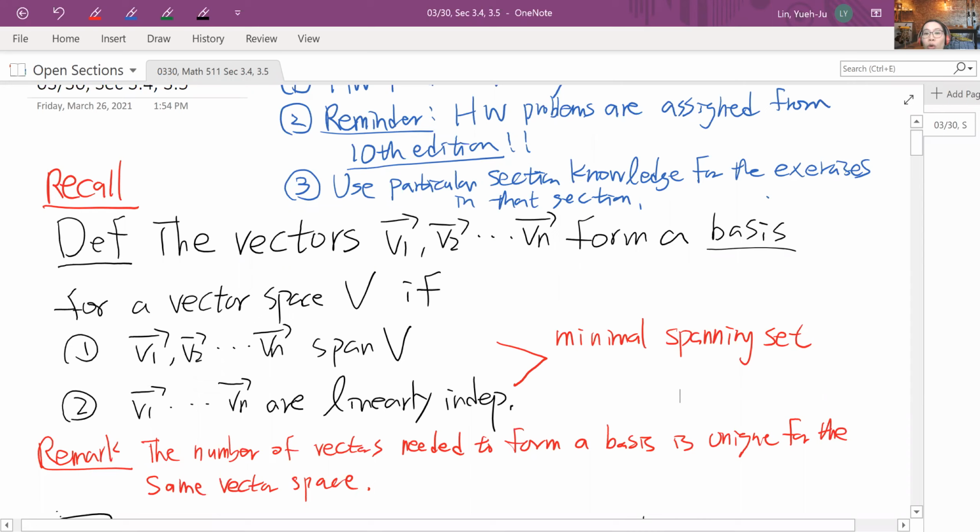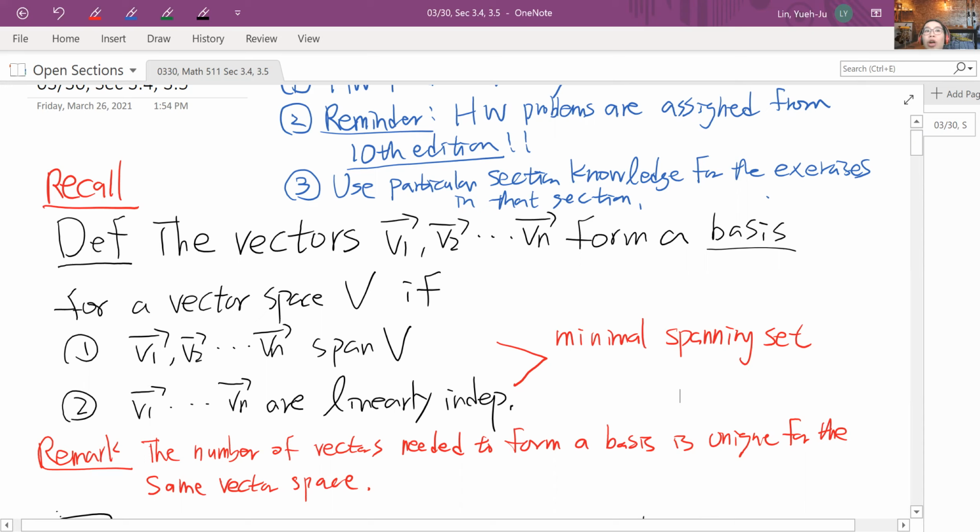In order to understand what 3.4 is talking about, you need to know what's going on with 3.2 and 3.3. Those three sections are very closely related. So in 3.4, we essentially combine the concepts we learned from 3.2 and 3.3. In 3.2, the main thing is spanning set, right?